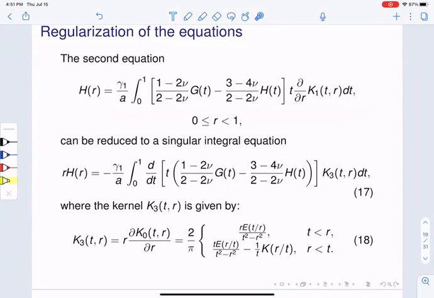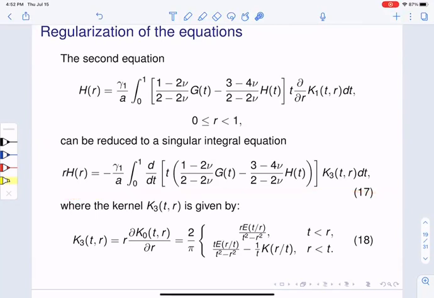When you integrate by parts, you end up with some boundary conditions which need to be fixed. In particular, the value of this function at 1 should be equal to 0. That is something we need to fix later on, and we can do it, so there's no problem over there. So we end up with this equation.